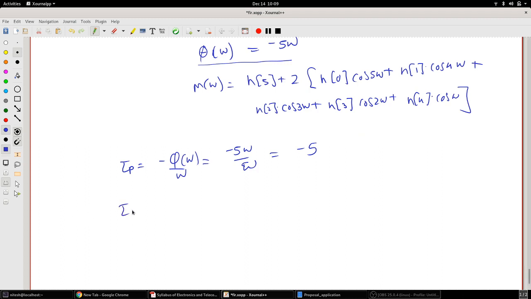Group delay is tau g, which is minus d theta of omega upon d omega, which again, since this is minus 5 omega, becomes plus, so this is also plus 5. So what I get here is group delay and phase delay are both 5.